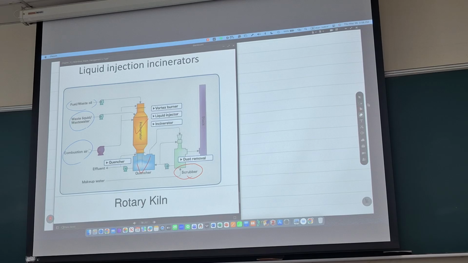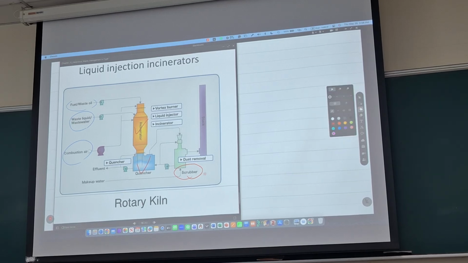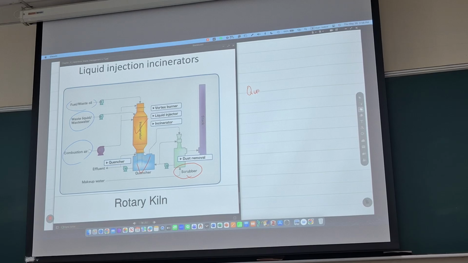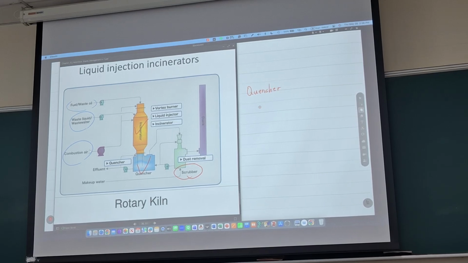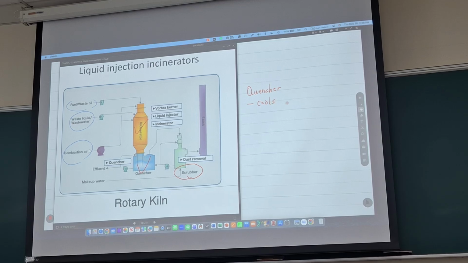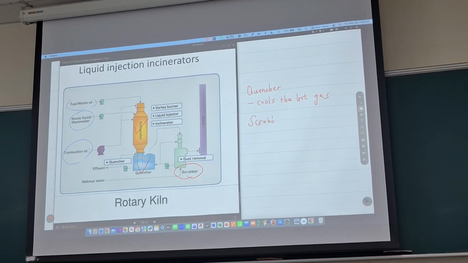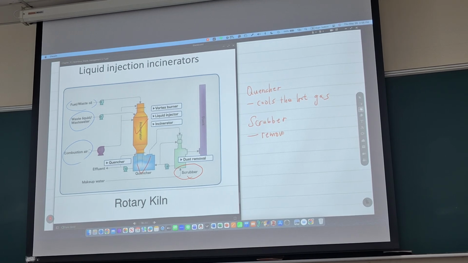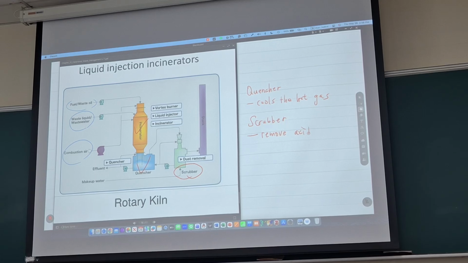The scrubber is used to remove acid gas and pollutants.